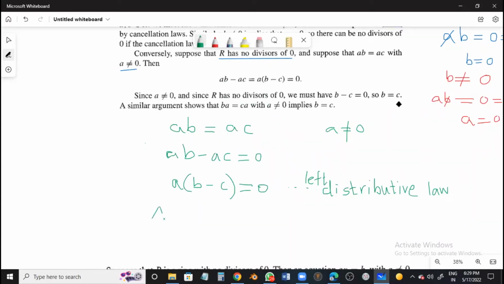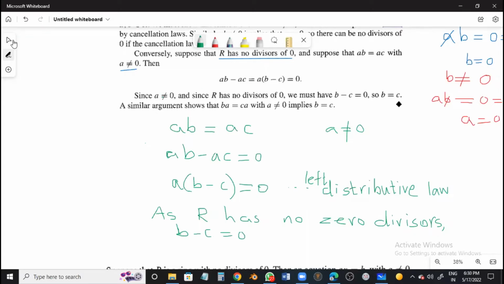So as R has no zero divisors, what will happen? The second number must be certainly 0 because the product is 0. I know the first number is not 0, so the second number has to be 0. That's it.